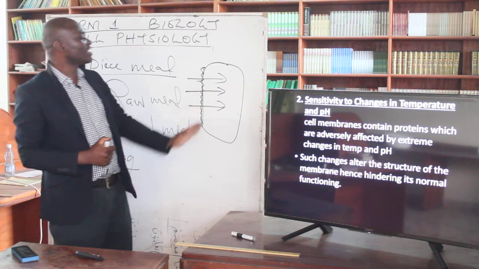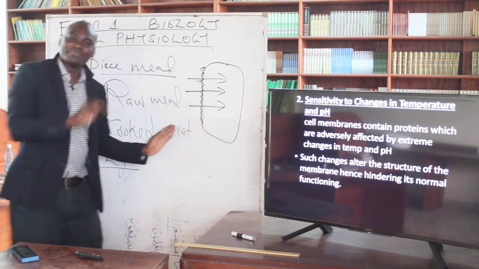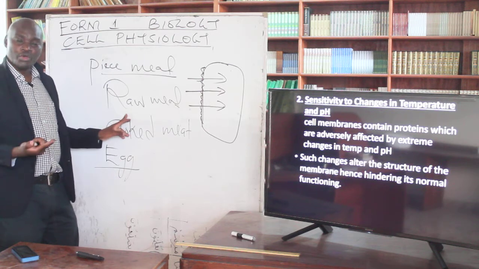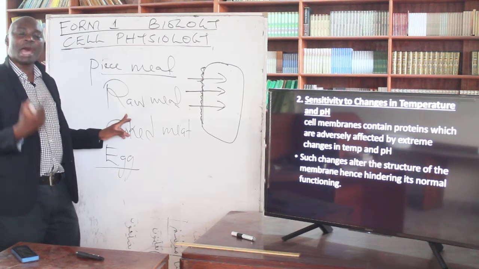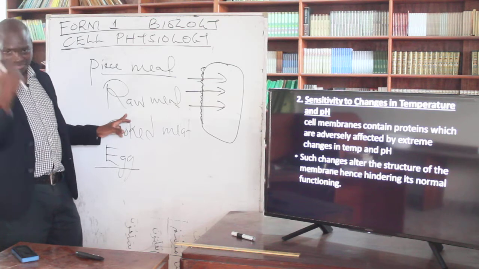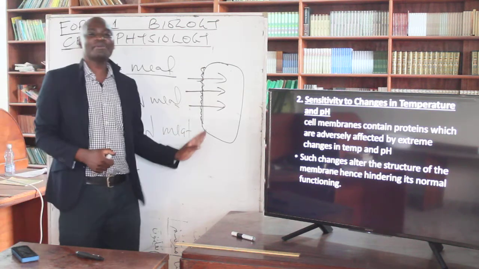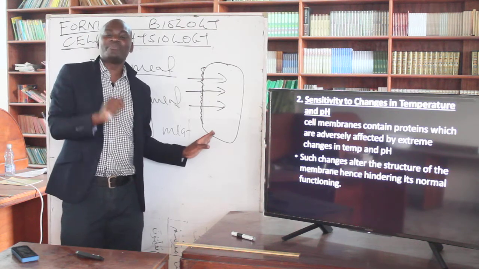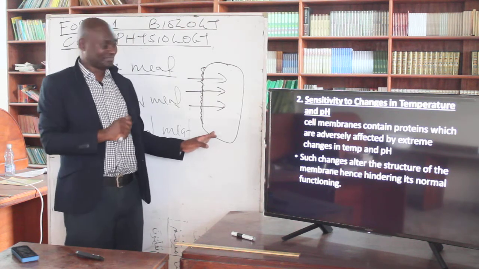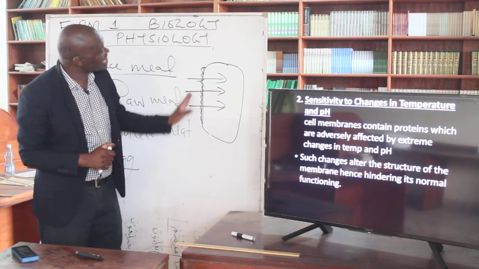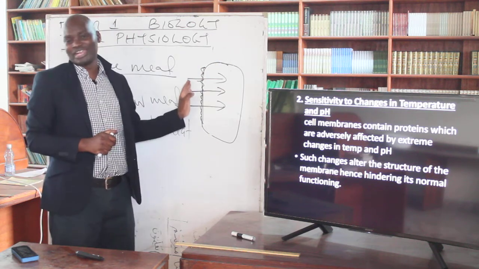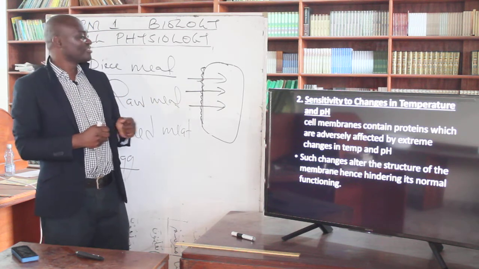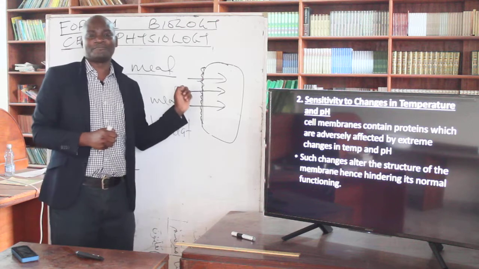So high temperature will destroy the structure of the cell membrane, just like high temperature will affect meat when you are cooking, because the cell membrane is made up of protein molecules. That's one. Two, the cell membrane is made up of proteins, and these proteins are made up of what we call amino acids. So, on the cell membrane we have amino acid molecules, which are components of the protein molecules.